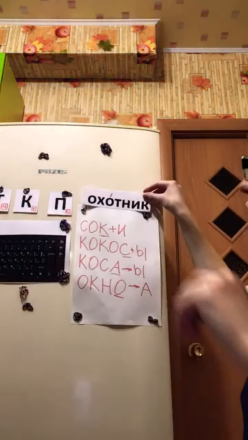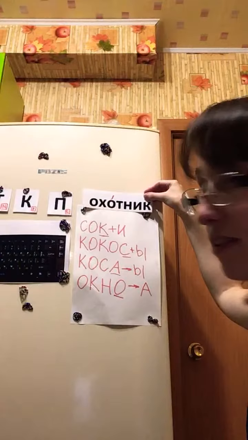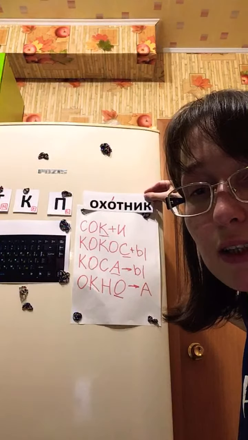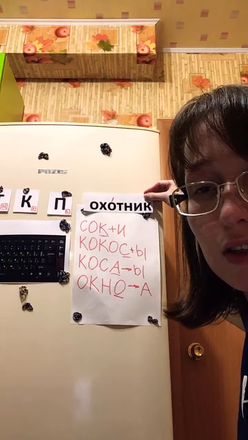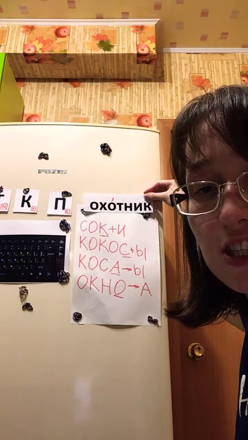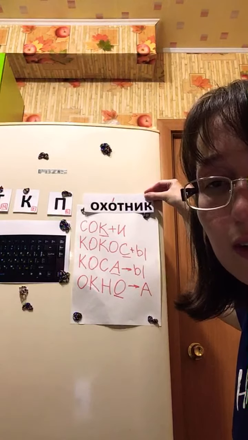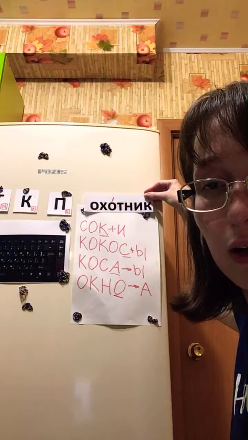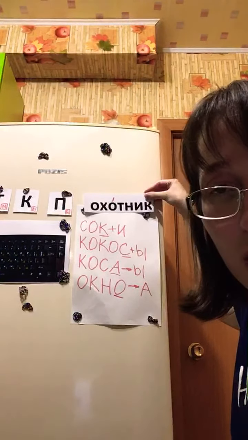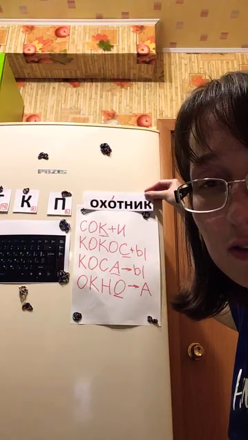So, what do we add for plural, for hunters? How do we make a plural noun? Which letter should we add? Let's make a plural noun. Write me in the chat which letter we add for hunters.